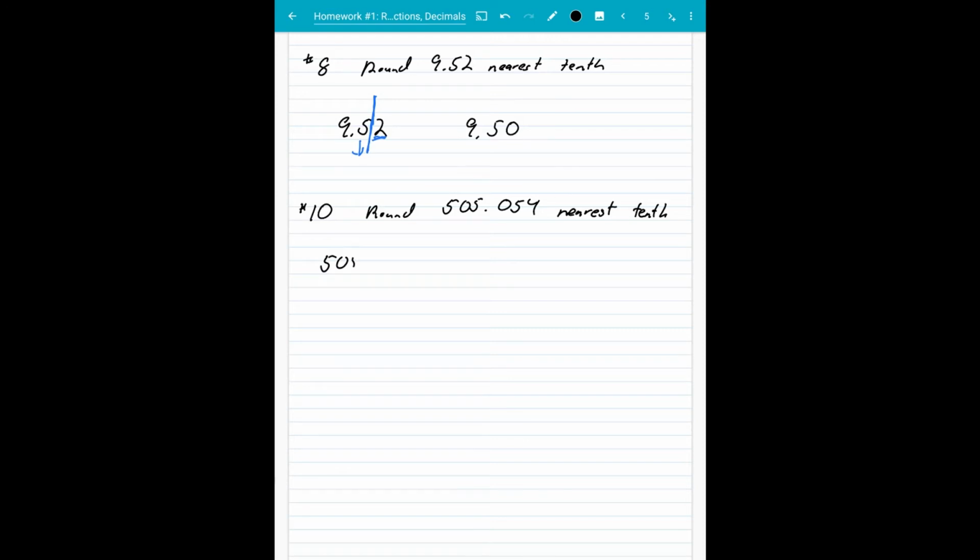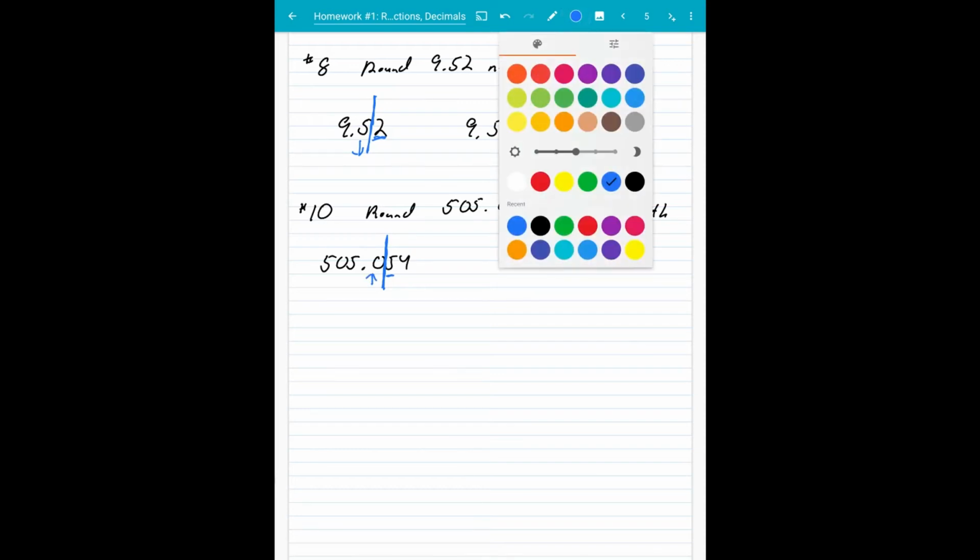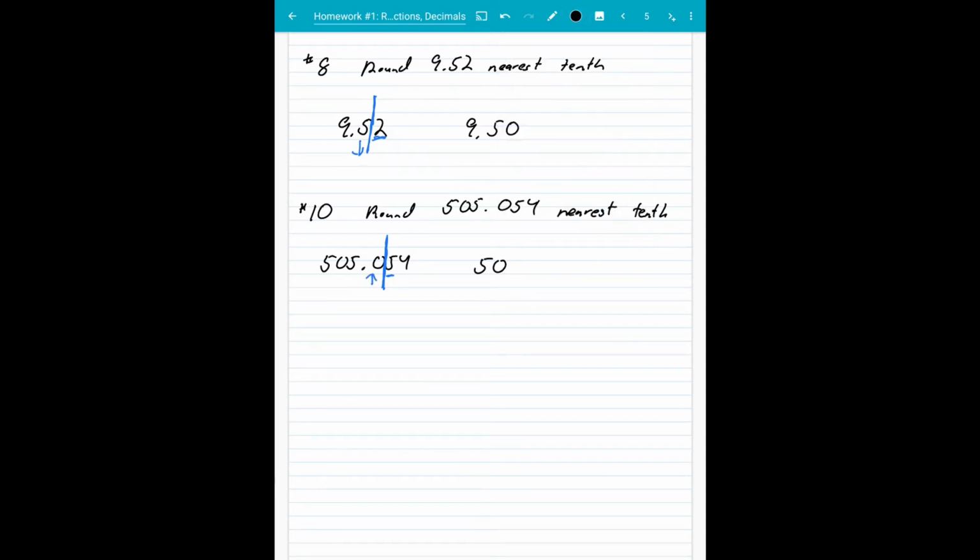So 505.054. The 10th place again is the 0 in this case. This is our dividing line. So this number right here is 5 to 9, so we need to round this number up. So this would become 505.1. That would be our answer.